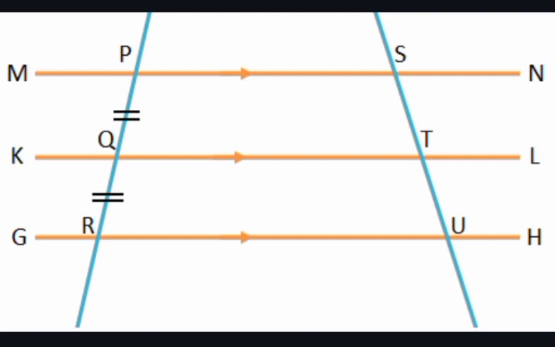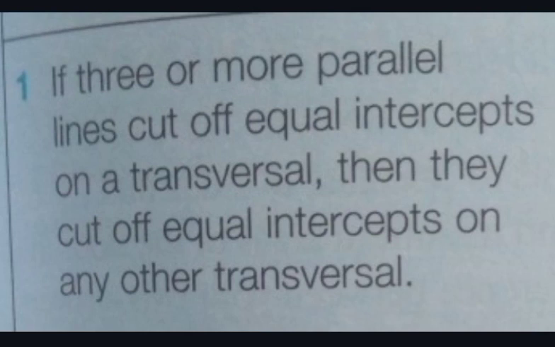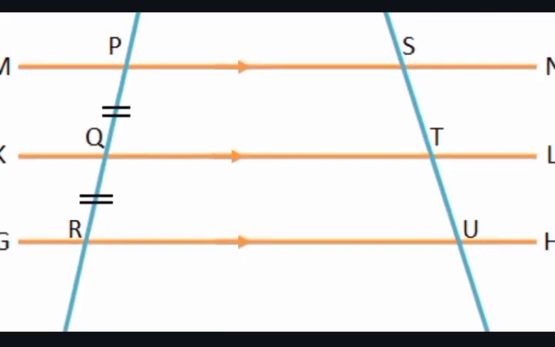If the distance from P to Q is equal to the distance from Q to R, and another transversal, as we have on the right, also cuts through the same set of parallel lines, the equal intercept theorem states that the distance from S to T will also be equal to the distance from T to U. That is what we mean by saying if three or more parallel lines cut off equal intercepts on a transversal, for example, the transversal on the left, then they cut off equal intercepts on any other transversal, like the transversal here on the right.